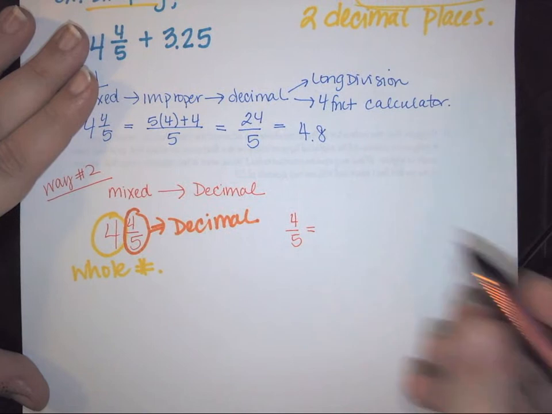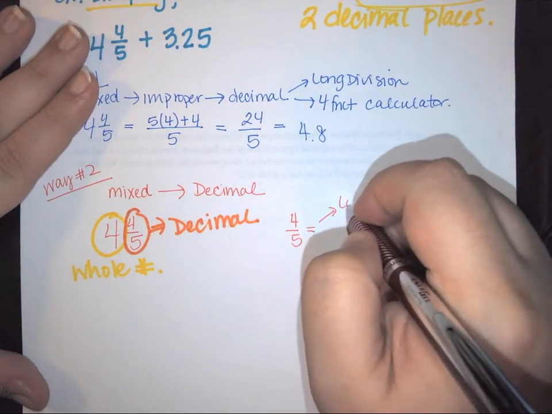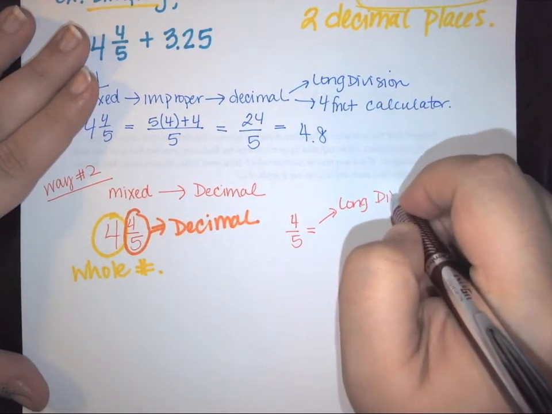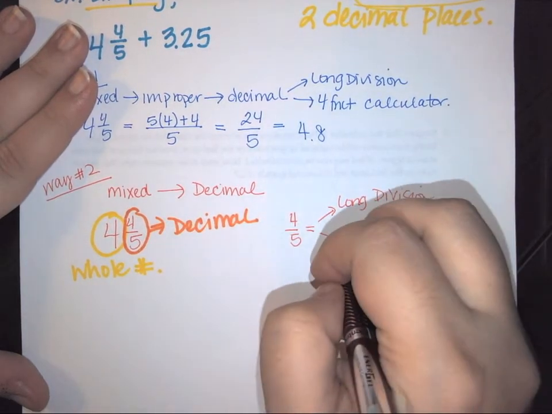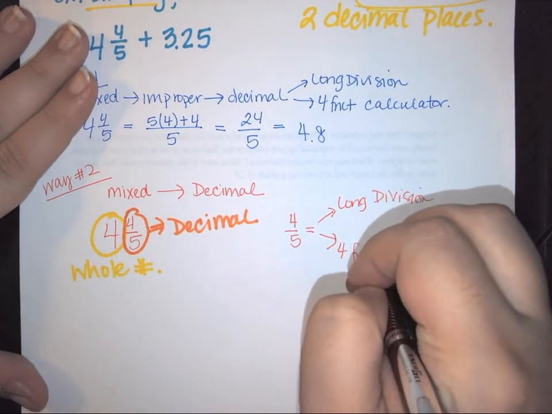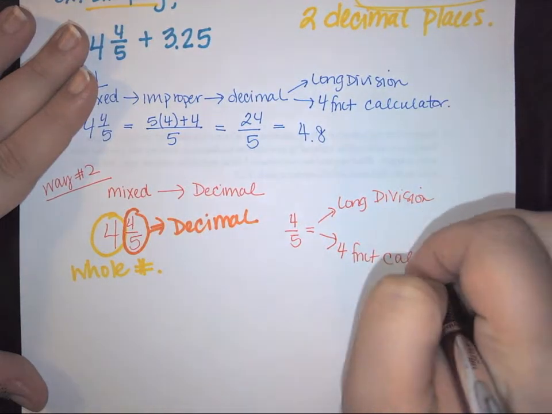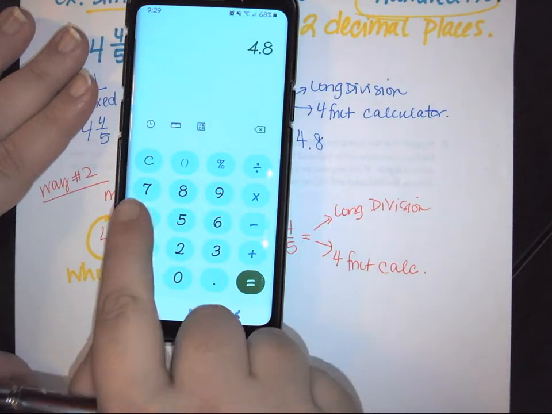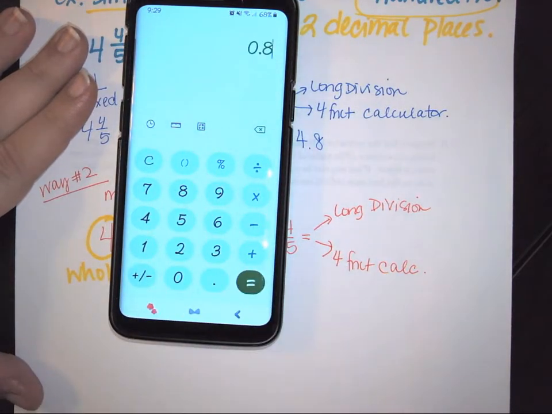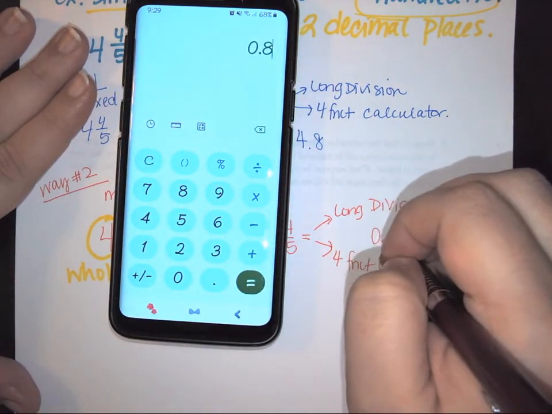Again, either by doing long division or using your 4-function calculator. So when we look at that, we have 4/5. So again, 4 divided by 5, and look, that gives you 0.8.